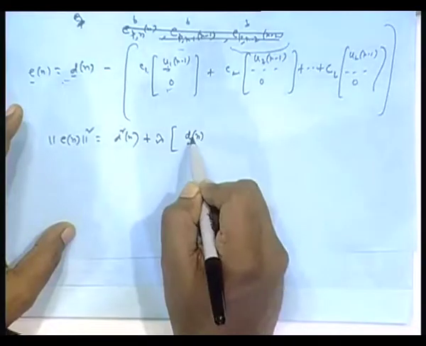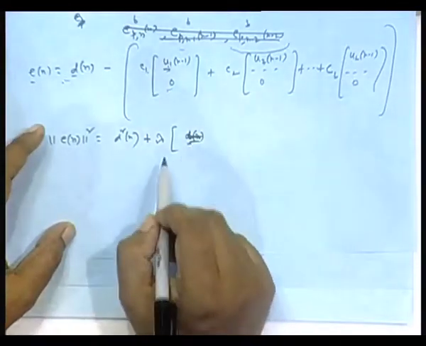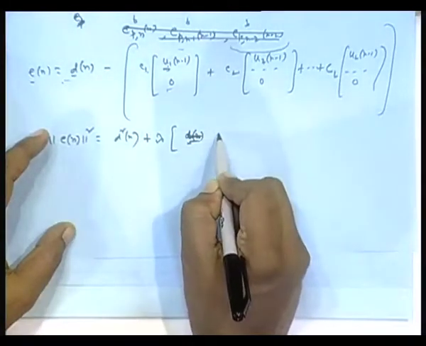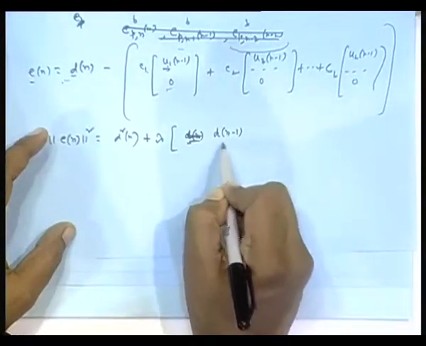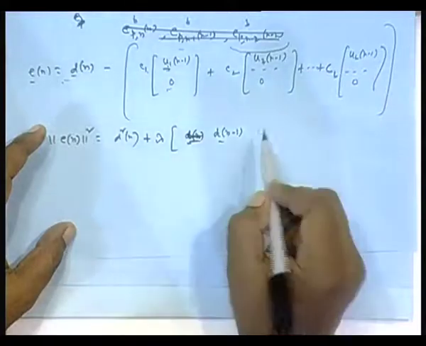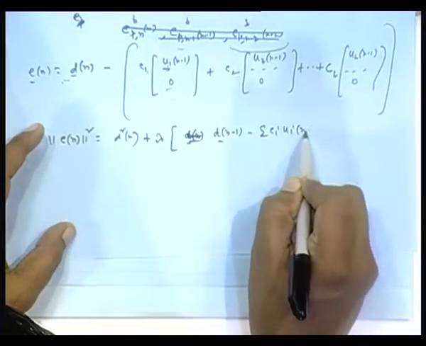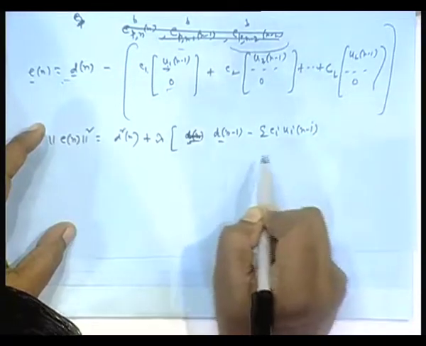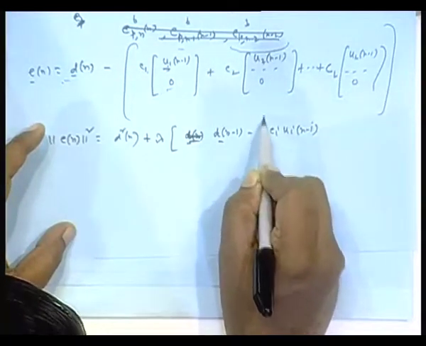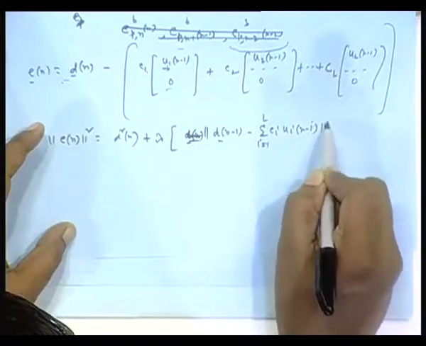Recheck your notes. So, please see, d n minus 1 minus summation of Ci times ui at n minus i, i equal to 1 to L, this you are minimizing.